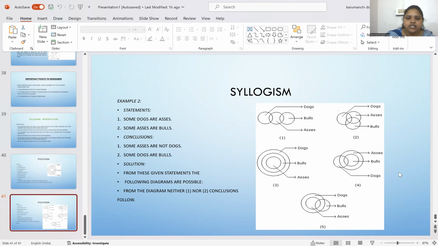So here, diagram 1 and conclusion 2 will follow. This is how we derive Venn diagrams and conclusions out of the premises. And this is experiment 2, categorical logic and syllogism.